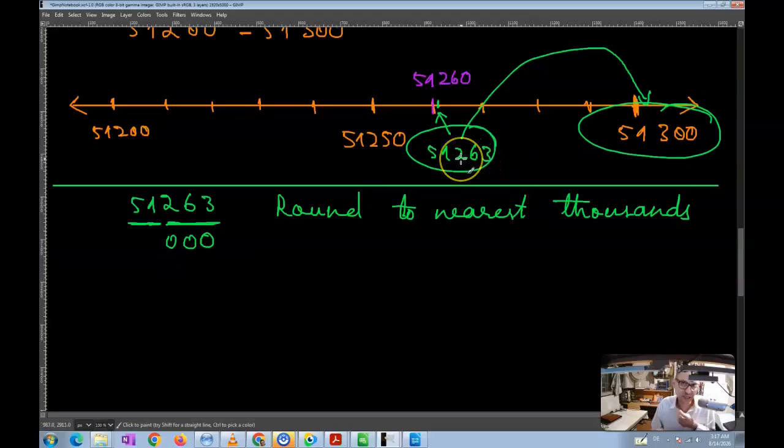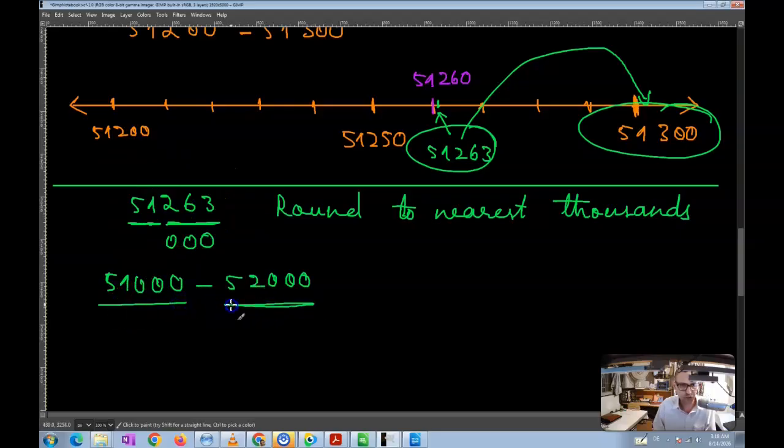But at the same time you want to decide whether this number is closer to 51,000 or 52,000, right? Because if I were to write this number as some number between 51,000 and 52,000, then you want to decide whether this whole number is closer to 51,000 or to 52,000.